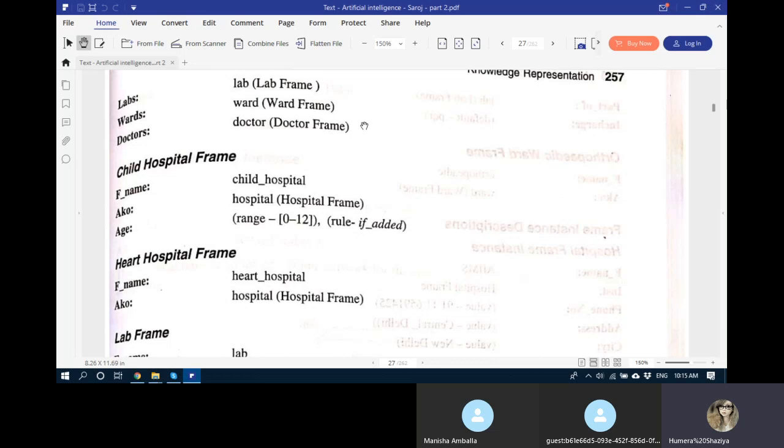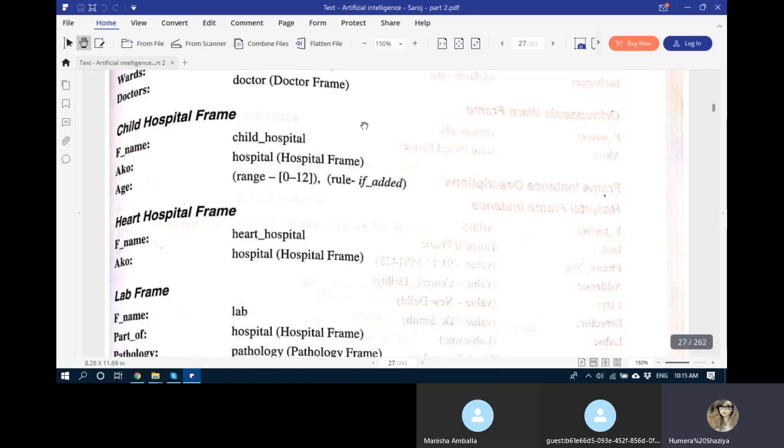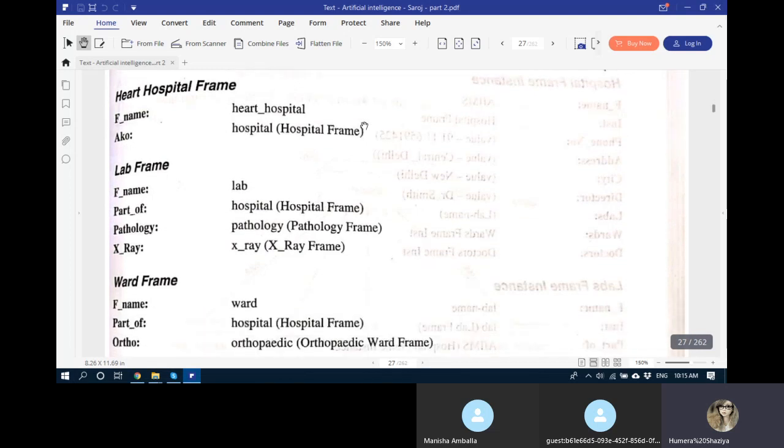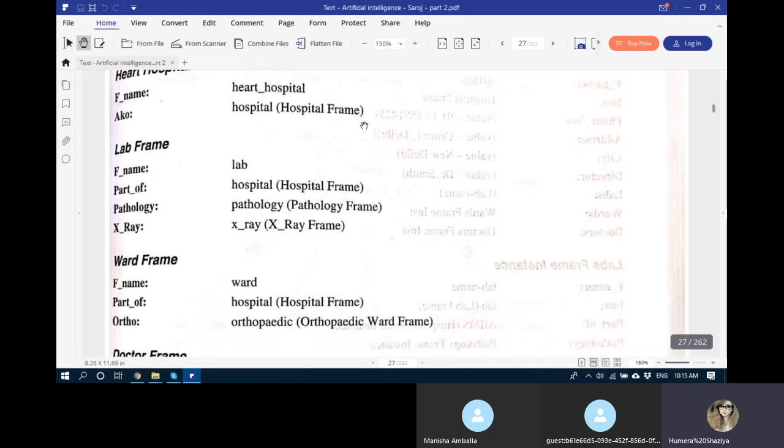So child hospital is a kind of the main hospital. Maybe a hospital has its units, child unit, ladies unit, like that. So heart hospital is also a type of hospital under the root hospital.